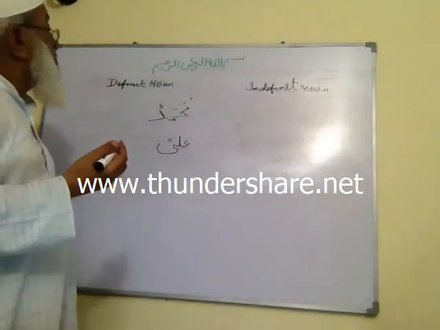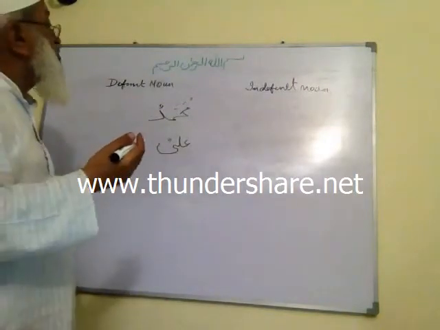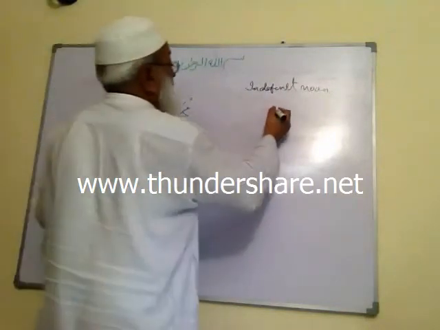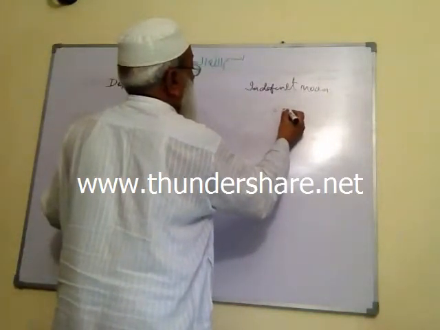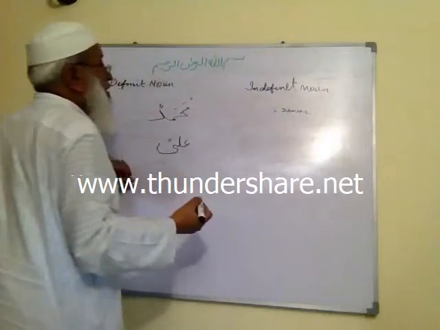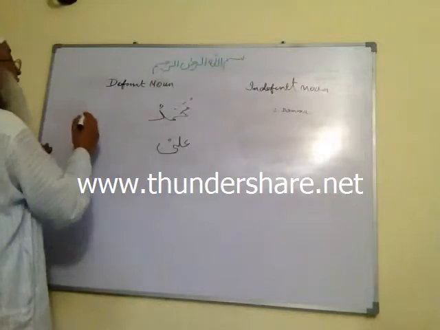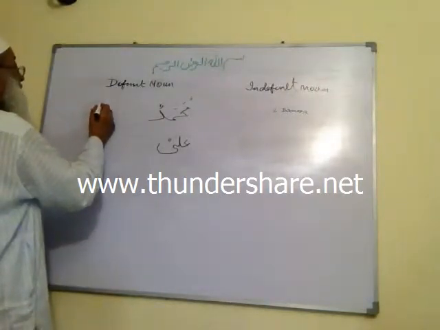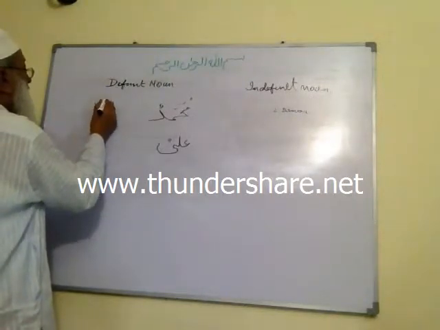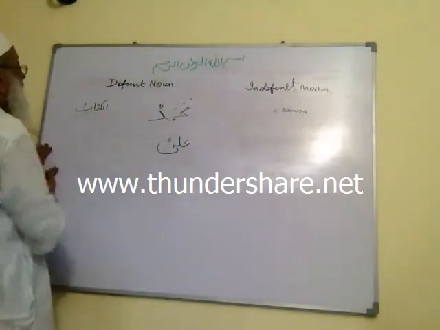Now here you can see that in our indefinite nouns, like Baitun, Qalamun, we used Dhamma twice, two Dhamma. But when we convert this into definite nouns, we use al-kitab, al-kitabo, like this.